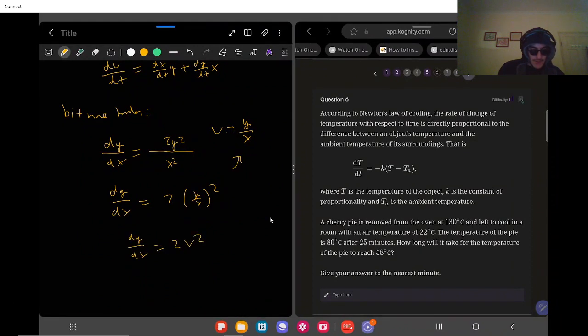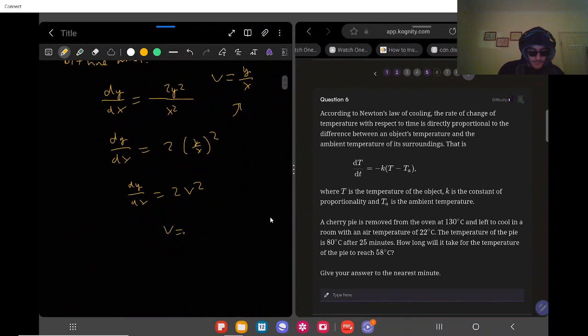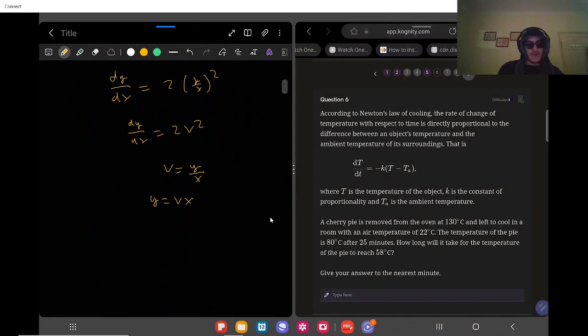V squared. And then, like before, y equals vx. Now we've got to do that implicit differentiation. So dy by dx is equal to, by product rule, dv by dx x plus dx by dx, so that's just 1 times v.